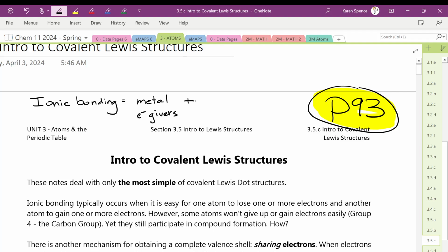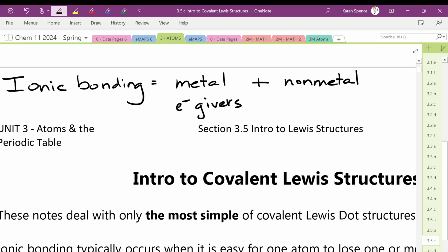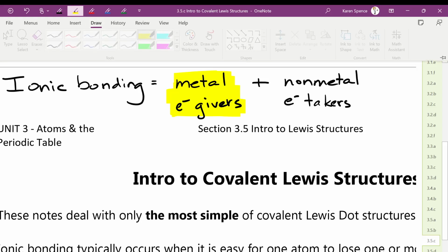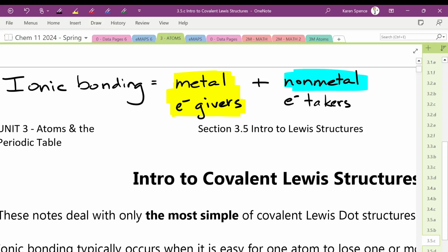In ionic bonding, you also have a non-metal, which is nice because the metals are electron givers, the non-metals are electron takers. Isn't that nice? Electron givers, electron takers.